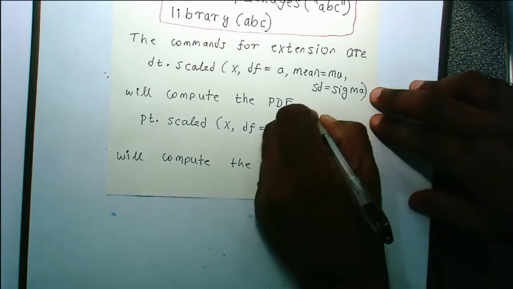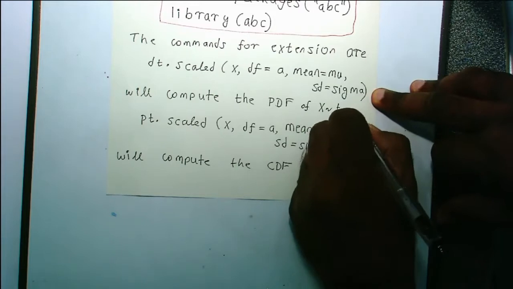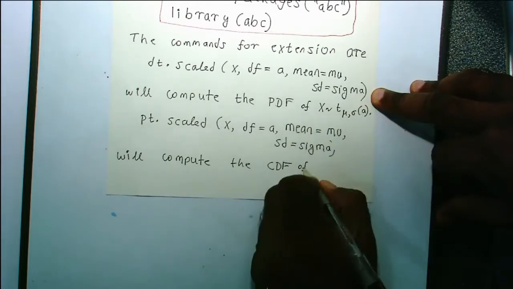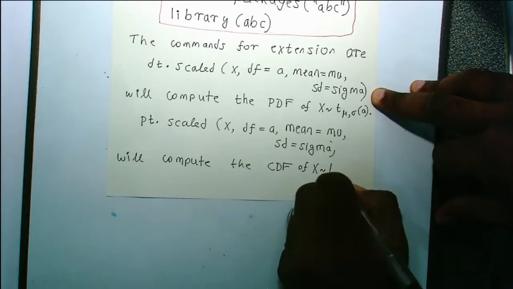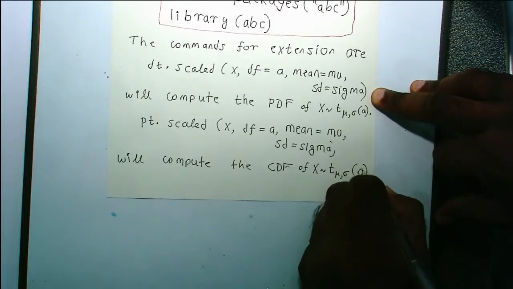So maybe I should say the CDF of x for t with parameters mu, sigma, a.